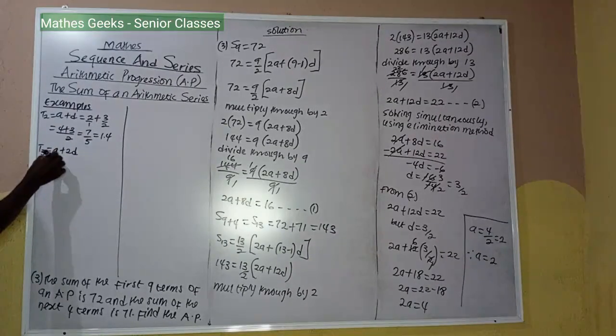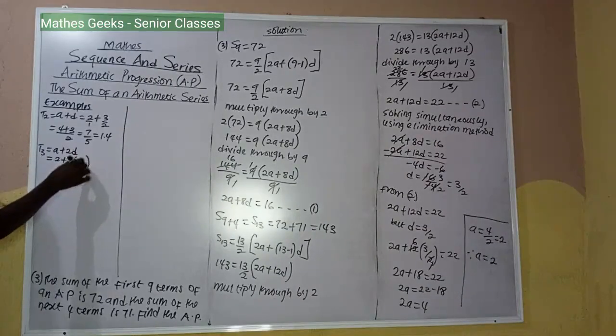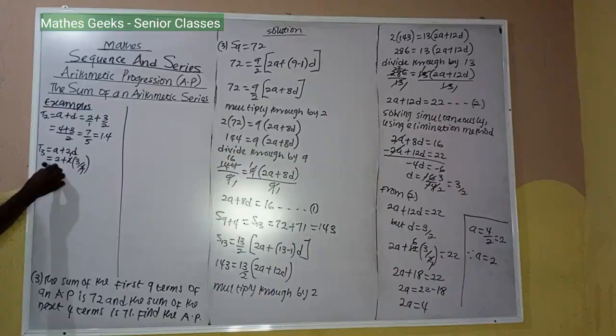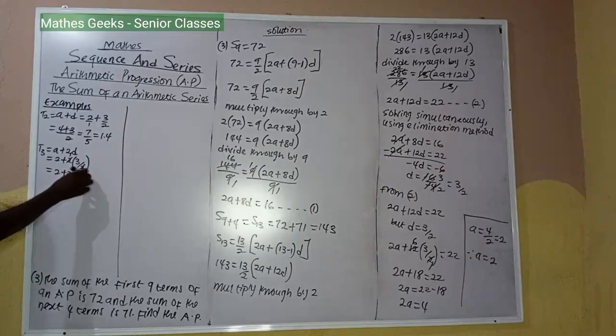T3 is A plus 2D. And this will give us 2 plus 2 times 3 over 2. 2 here 1, 2 here 1. 2 plus 3 is equal to 5.